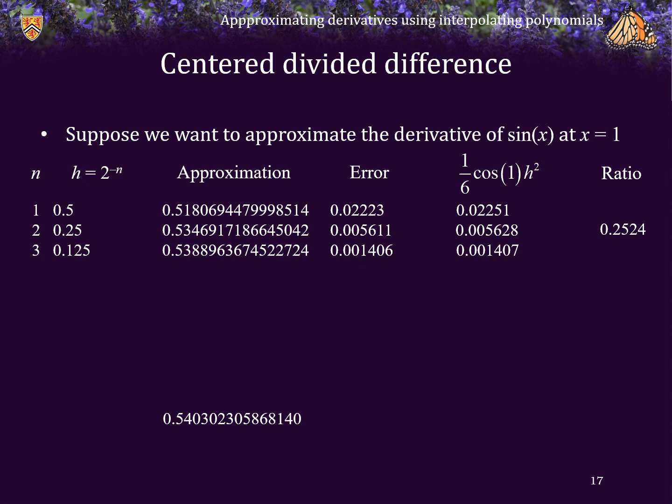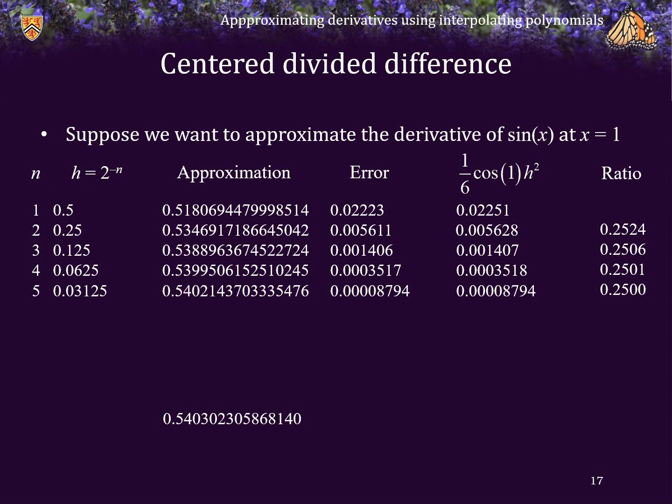All right, using 2 to the negative 3, we get even better approximations. And once again, we do see that the error is dropping by a factor of 4. And with each additional step, the error continues to drop.